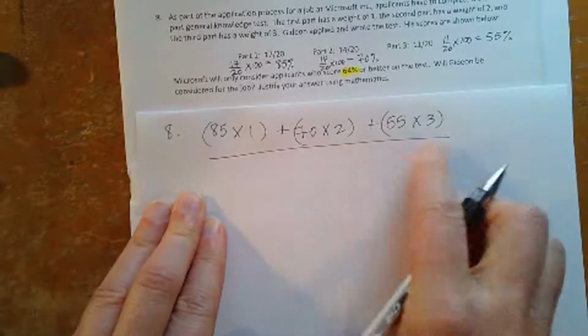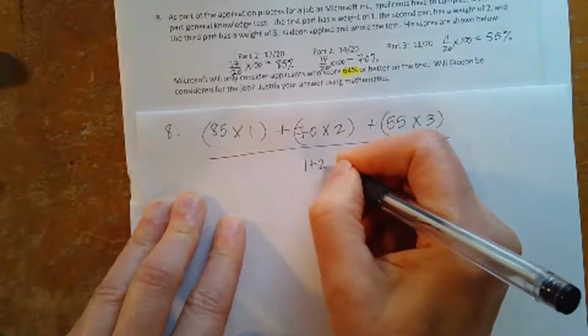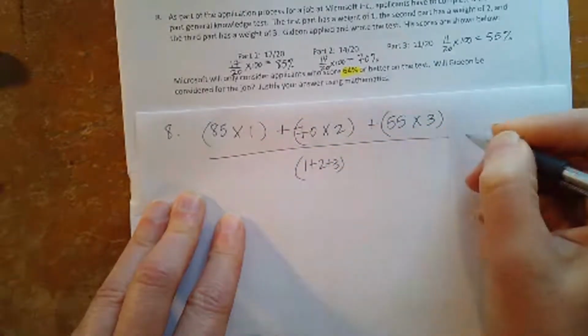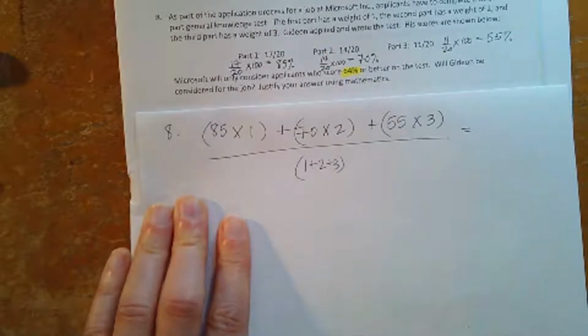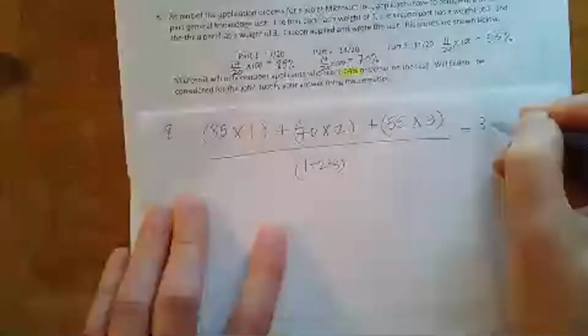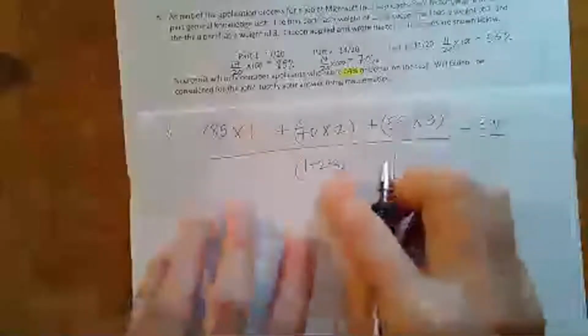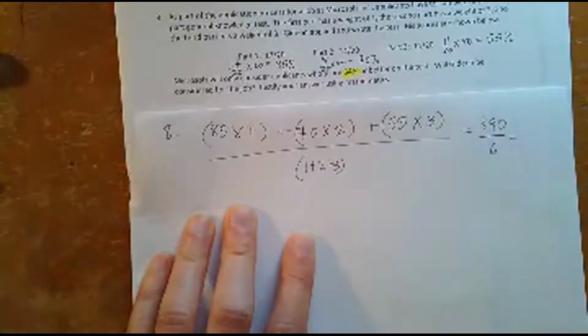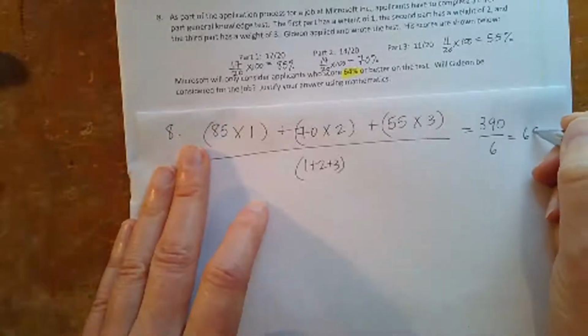Okay, these are my weights. I sum them all up. Then my top number is 390, divided by 3, 4, 5, 6, and we get 65%.